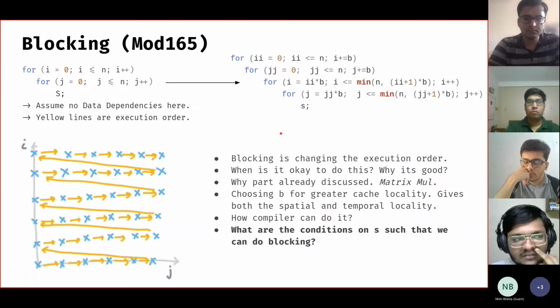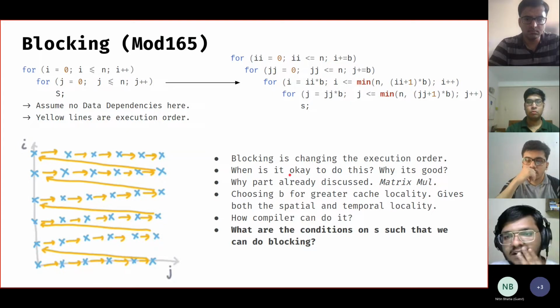Previously, when we did blocking in the case of matrix multiplication, we saw how blocking helped in getting greater cache locality: we choose a particular value of b so that we can fit that particular block in the cache.